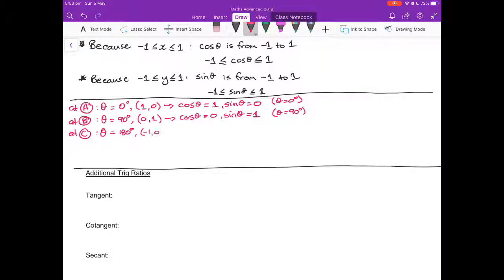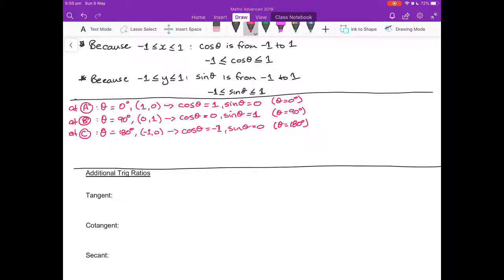We're at -1, 0 now. So that gives us the following values. Okay, so cosine theta is -1, sine theta is 0. And that is for theta equals 180.